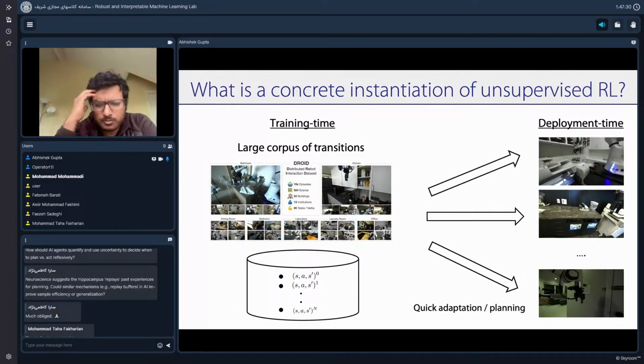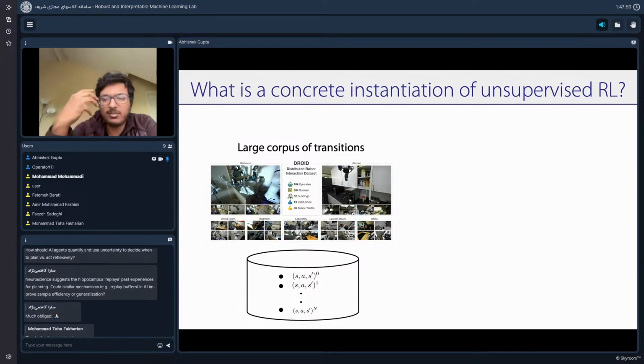Just like GPT-2 and so on, they trained unsupervised and then you adapt it quickly to any one specific problem. You want to take a similar view on decision making: learn from a large corpus of unlabeled transitions, and then adapt very quickly at deployment time.